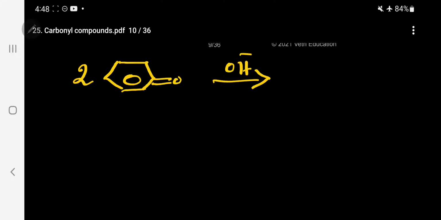I told you, any aldehyde or any ketone. So with respect to the carbonyl group, this is alpha, this is also alpha. Kindly follow. In what way will it undergo condensation? Let me write the molecule now. This is one molecule of the cyclohexanone.